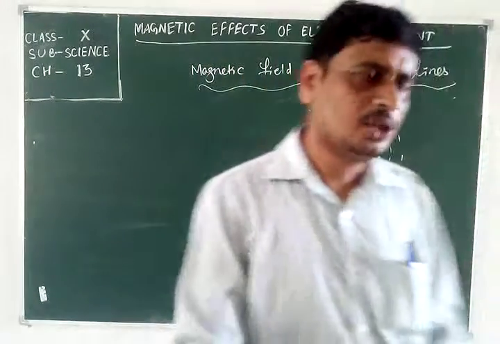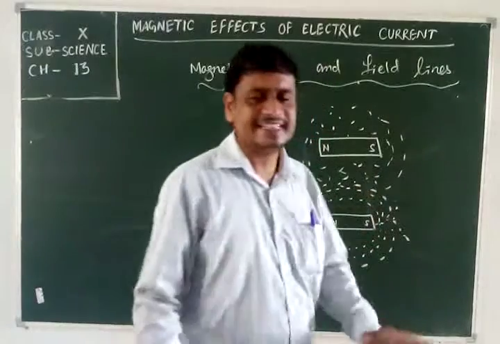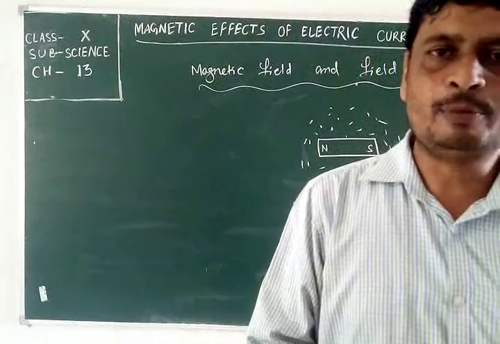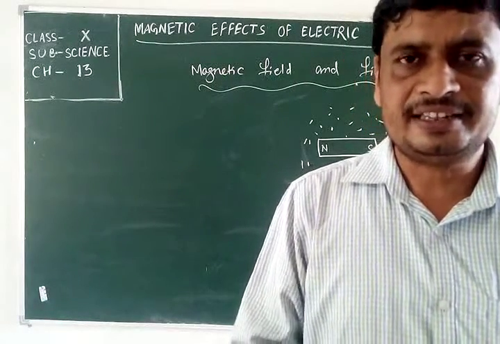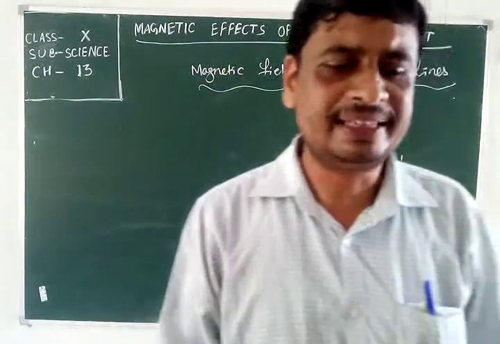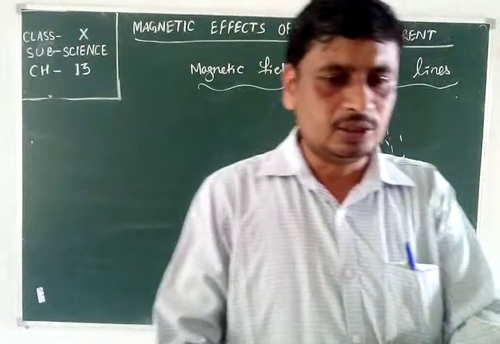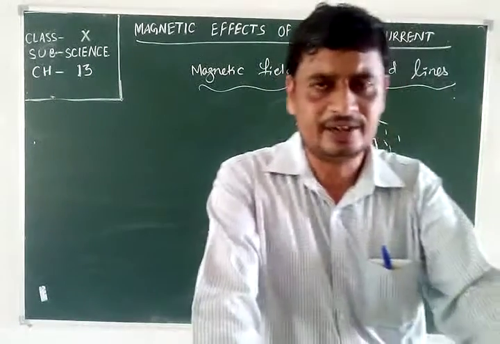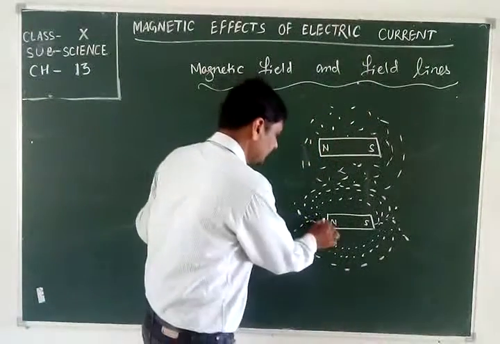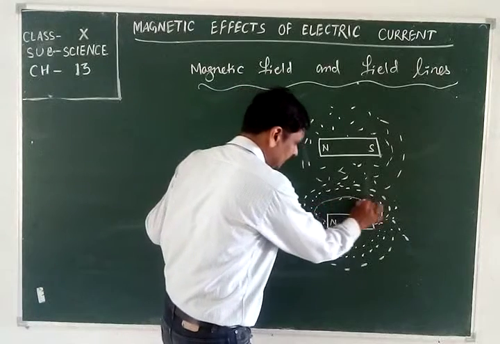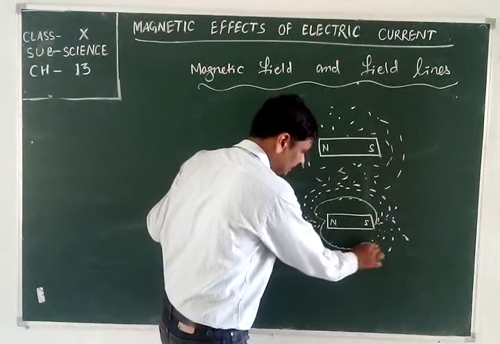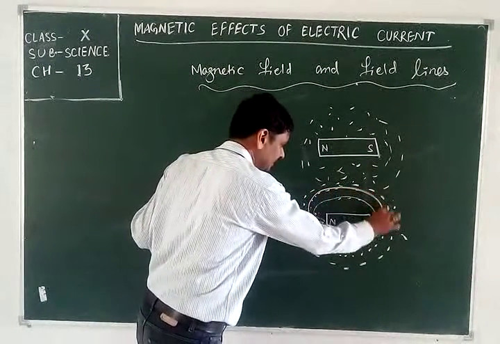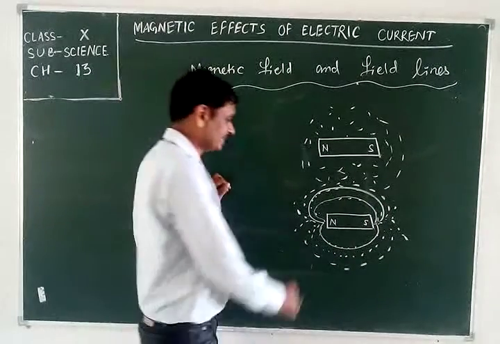The region where the force of the magnet is influenced is called the magnetic field. So the lines along which the iron filings align themselves represent the field lines. Here, the iron filings are arranging in these certain lines. These lines are called field lines or magnetic field lines.